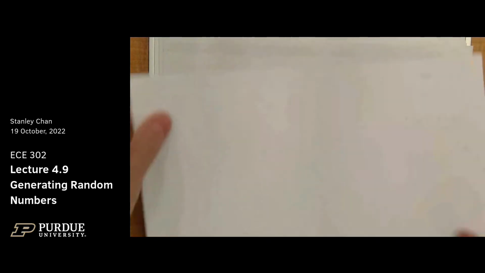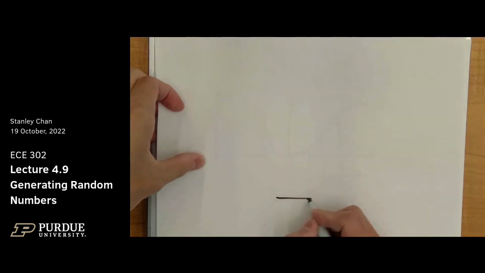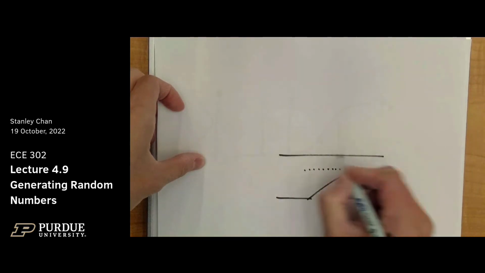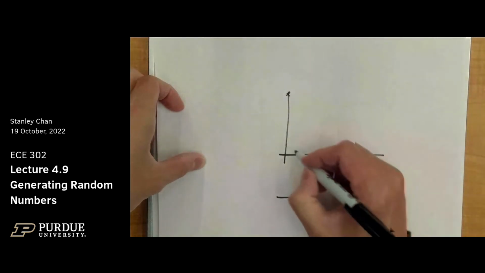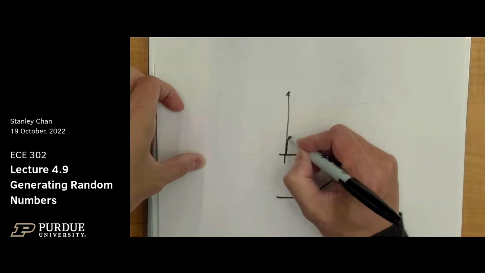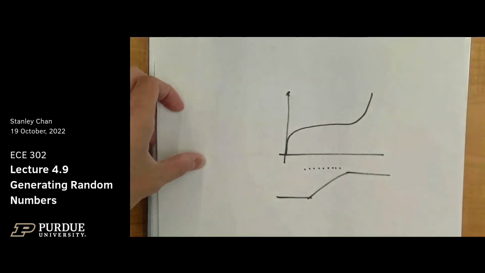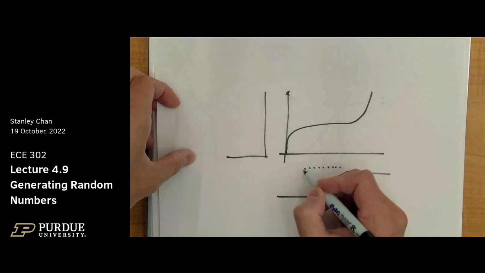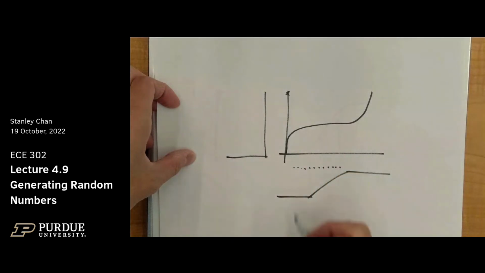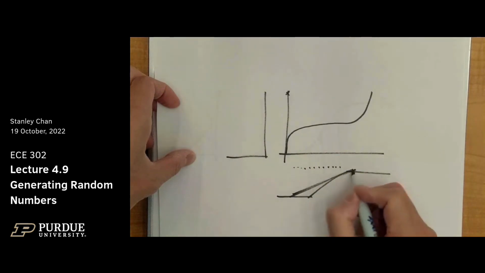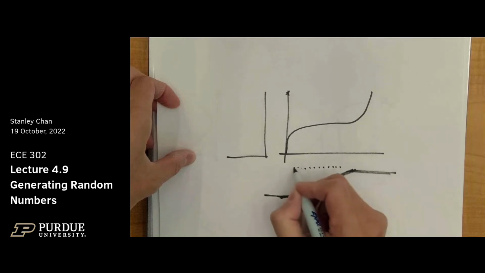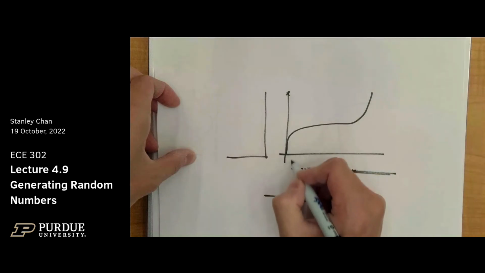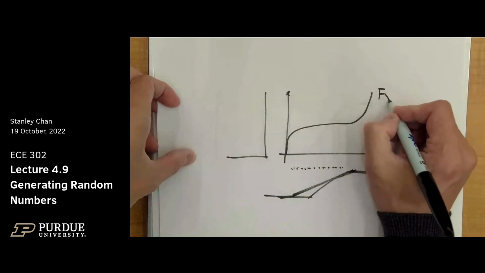So if we do the inverse, we start with a uniform, and all these dots are uniformly sampled. And now the Gaussian distribution will be like this. So these points are uniformly spaced, and then if you go up this figure, this is fx inverse.